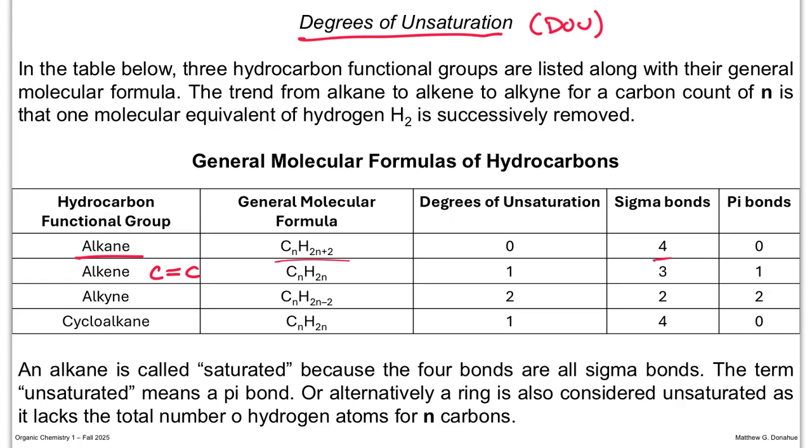That pi bond is called a degree of unsaturation. To do that, you have to remove 2 hydrogens, so now the formula is CnH2n, meaning there's 1 degree of unsaturation. The carbon now has 3 sigma bonds and 1 pi bond. Notice that the total still equals 4. We're never going to break that rule of carbon having 4 bonds.